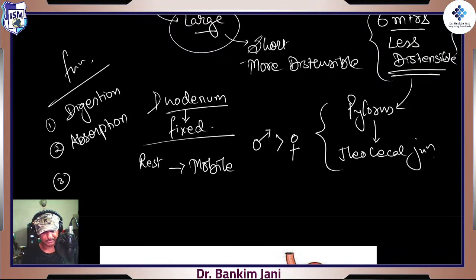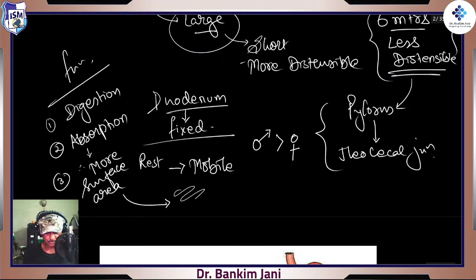Since it is meant for absorption, more surface area is needed. Though it is 6 meters long, that is still not sufficient, so inside it is thrown into folds, and automatically the surface area is increased.